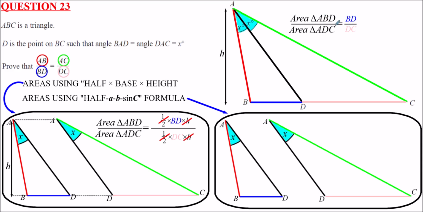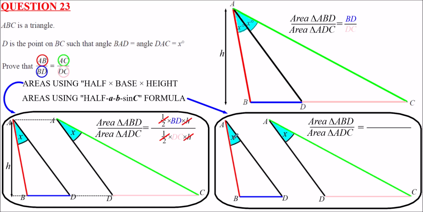We can now prove that this triangle as a fraction over this one is a different expression to this one, and then we can equate them. So we've done half base times height. Let's now think of the half AB sine C formula. So for triangle ABD, half AB sine C means half times one side times the other side, either side of the angle we know, then times by sine of the angle we do know.